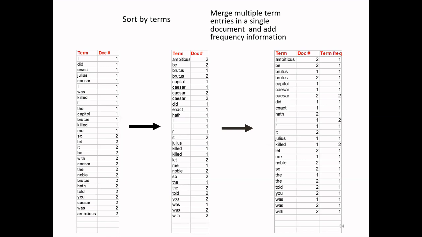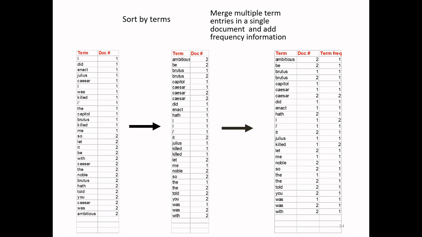The next step is we sort the terms in the table in alphabetical fashion, so that we have a sorted list of terms, or our dictionary is sorted in alphabetical order. So we do the sorting.